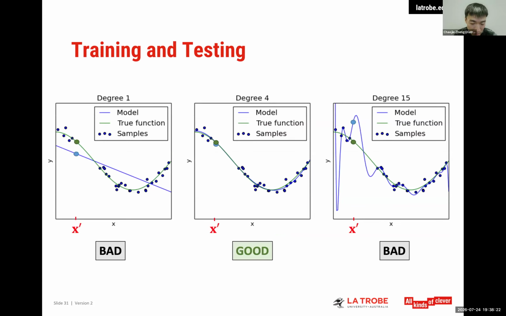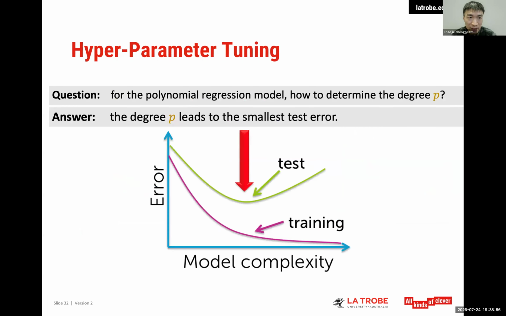So we have seen that this is underfitting, and this is overfitting. Both cases are a bad model, and we are expecting to find the appropriate level of model complexity. So how can we know if a certain situation is overfitting or underfitting?